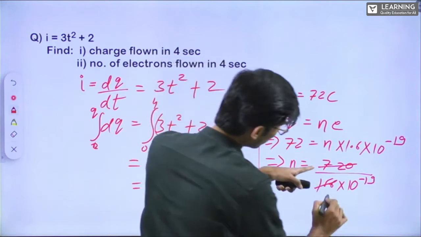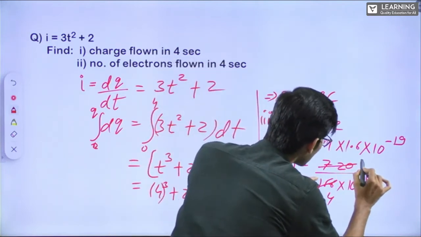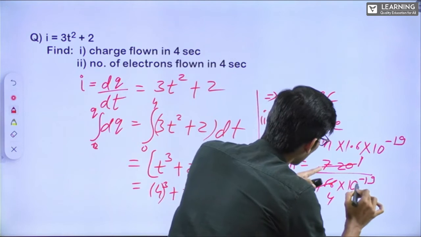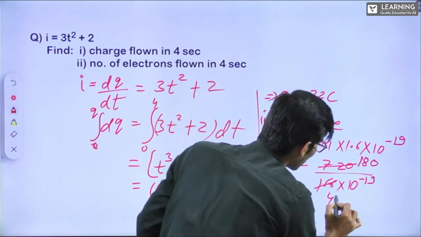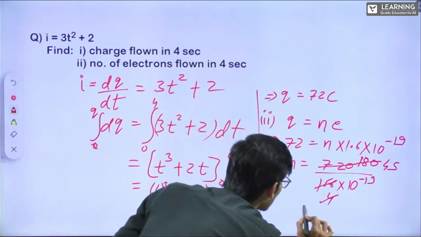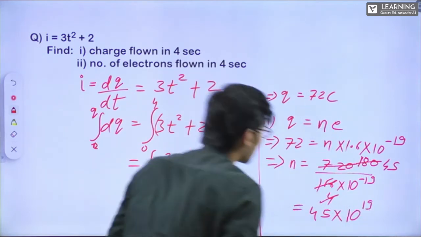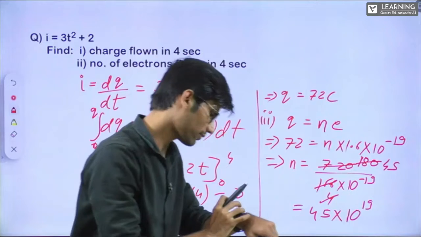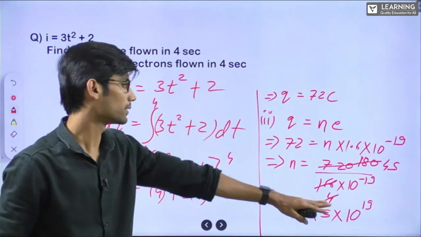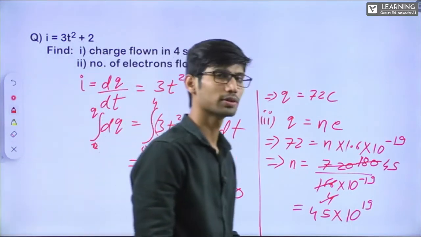This will be 4 4s are 16, 4 1s are 4, 32, 4 8s are 32, 180, again 4 4s are 16, 4 5s are 20, 45 into 10 power 19. N is equal to 45 into 10 power 19. Clear? These many number of electrons. Easy question.